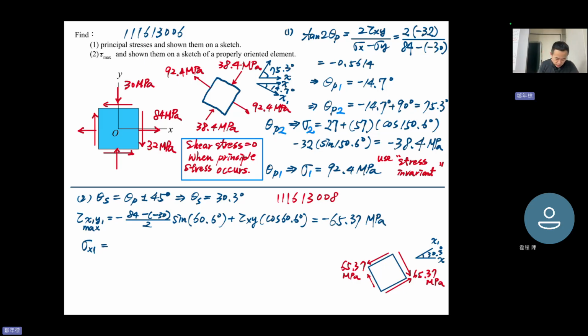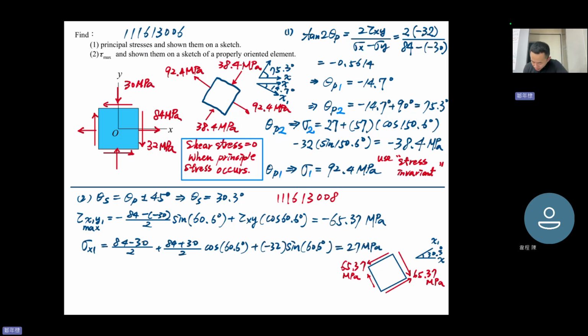So sigma x1 equals (84 minus 30) divided by 2, plus (84 plus 70) over 2 times cosine 60.6 degree, plus minus 32 sine 60.6 degree, equal to 27 MPa. Okay, 27 MPa.